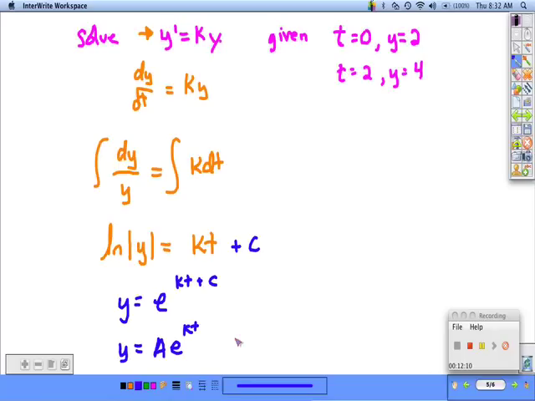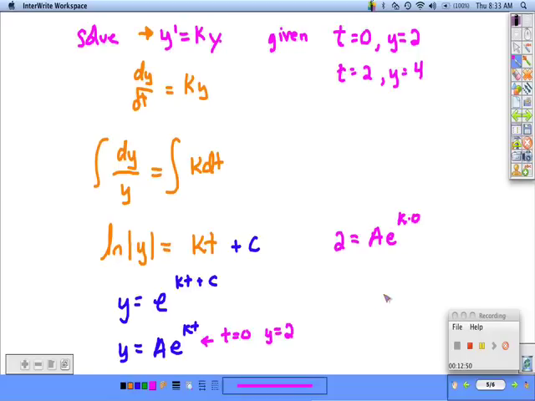Now we're given some initial conditions. When t is 0, y is equal to 2. And I'm going to go and plug that in to any one of these steps. If I plug in t equals 0 and y equals 2, we end up getting 2 equals a e to the k times 0.